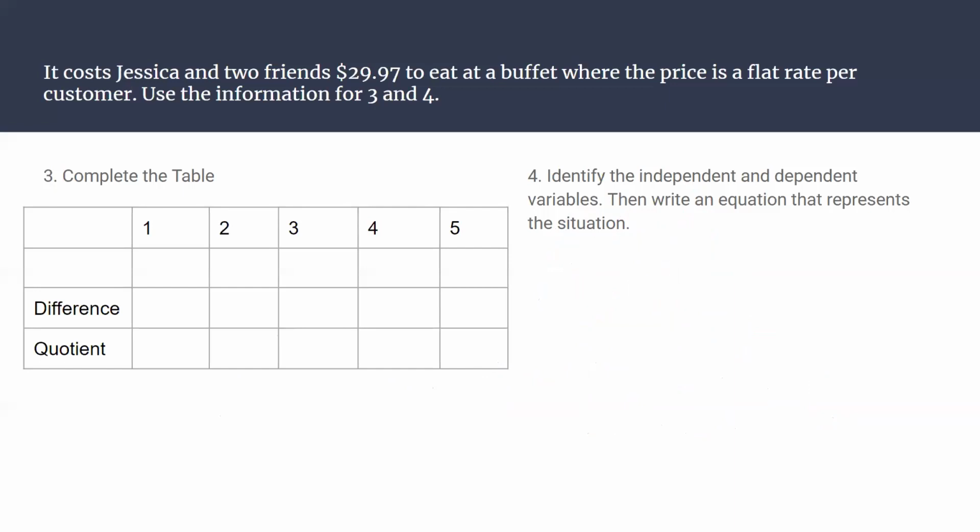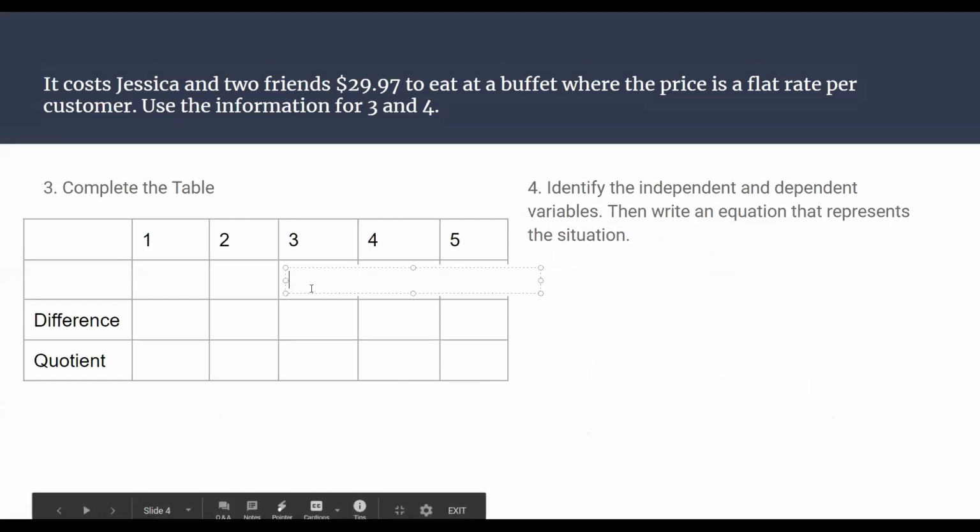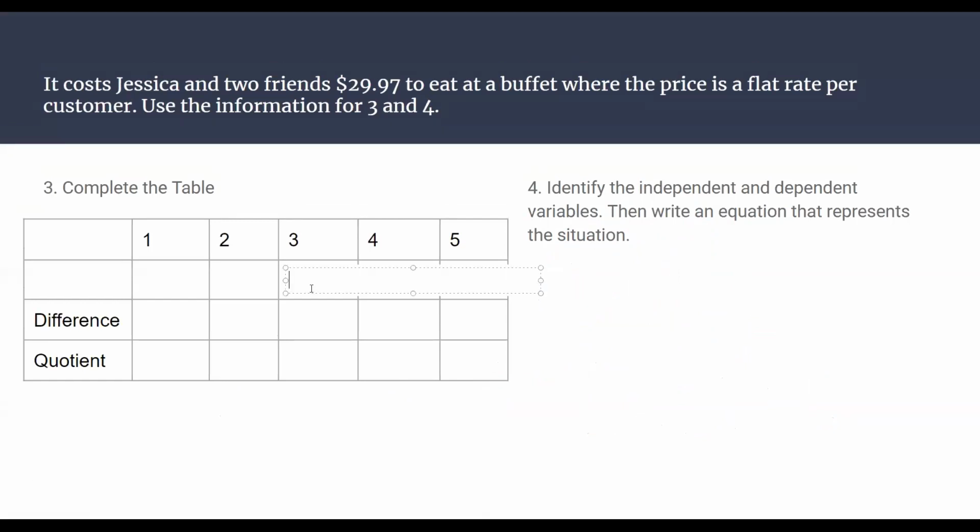And it actually had this filled in with 29.97 in this box. So for 3 friends, it costs $29.97 to eat there. I'm going to go ahead and start by filling in the side of the chart with the missing pieces. This top part would be the number of meals or number of people.